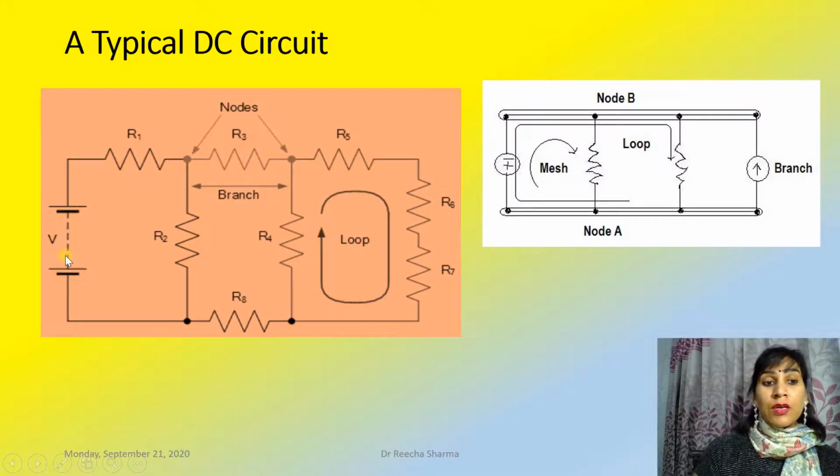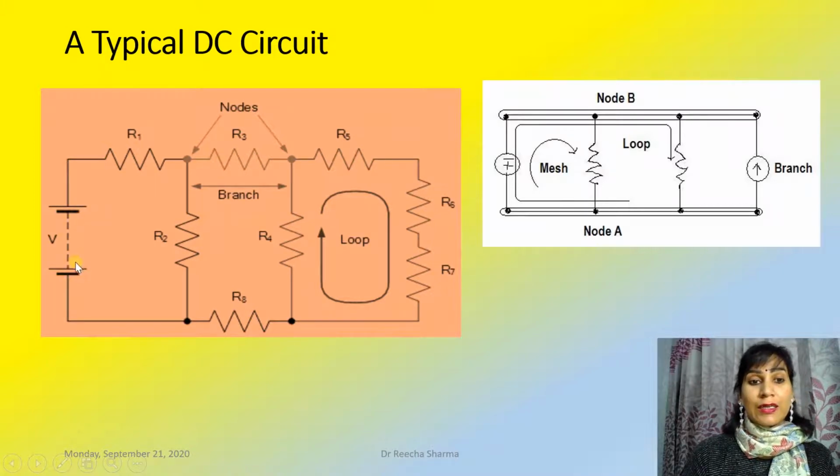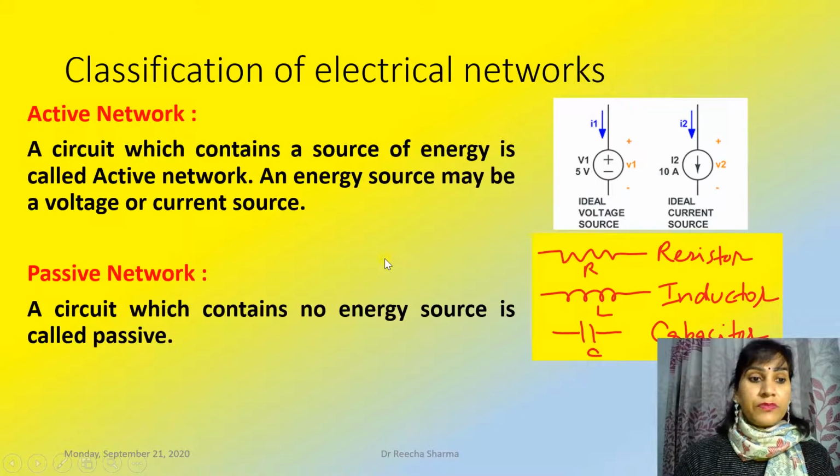If the voltage source is not connected, then it becomes a passive network. A passive network is a circuit which contains no energy source. It considers only the passive components, resistors, inductors and capacitors. The combination of these makes a passive network. In a passive network, we do not have a voltage source or current source.